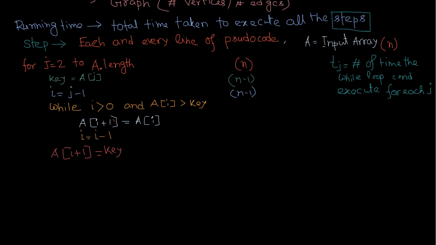Because this is something unknown for us. It totally depends on j and the input array, like how it is sorted, those kinds of stuff.